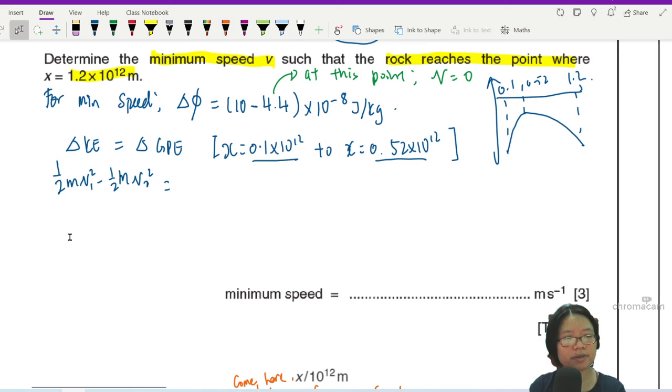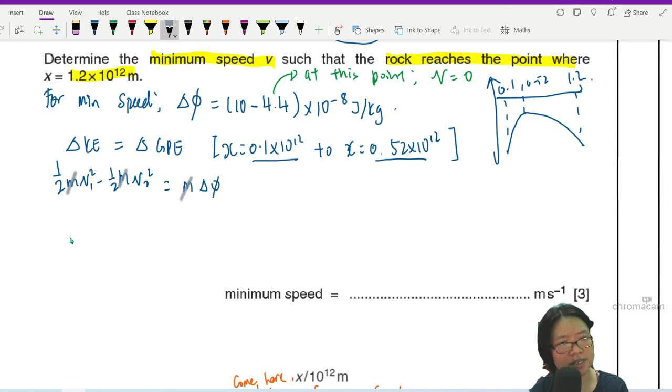This will be m times the change in potential. The mass can all cancel out because it's the same object. Also, this V2 is 0 because here V2 is 0.